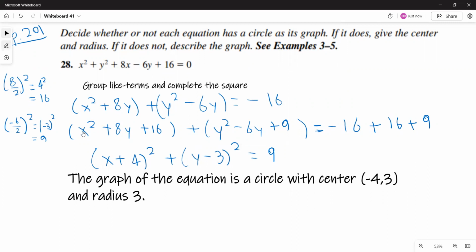If r squared is 9, then r is 3. And the radius is a distance, so we must take the positive solution. Technically, this has a negative and a positive solution, but we're talking about a distance. If you complete the square and the radius squared happens to be a negative number, then it doesn't represent anything on the coordinate system. And if the radius is 0, a circle with radius 0 represents a single point.